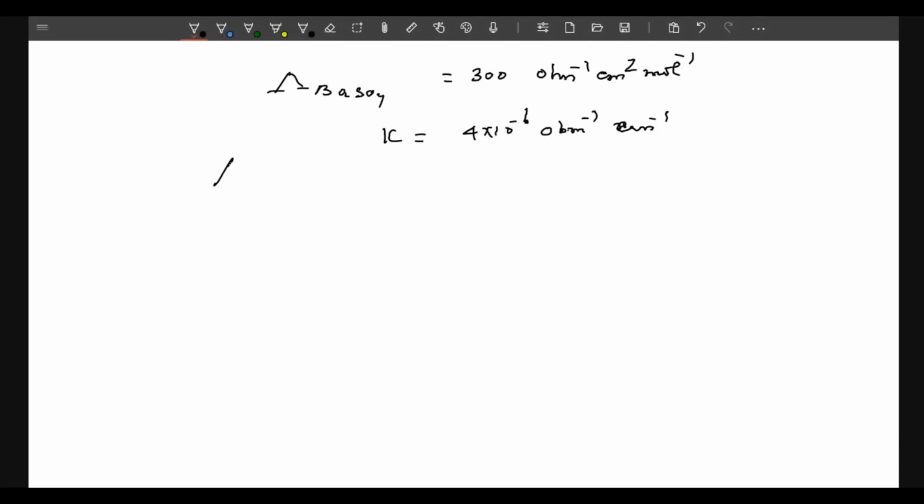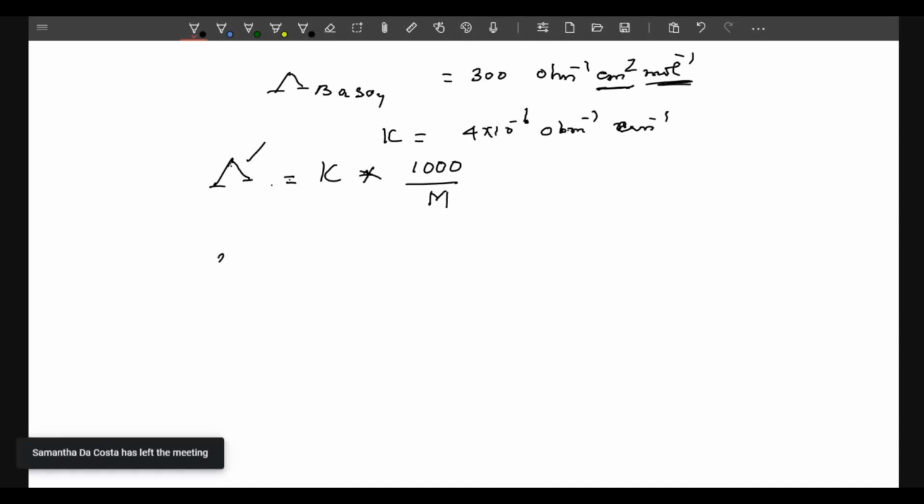They have given the lambda of the barium sulfate, that is equal to kappa, minus or plus, I think, so, into 1000. Here it is given in centimeter square, therefore 1000. And the molar conductance is given in centimeter square per mole, therefore the concentration should be given in molarity M. Lambda is given as 300.